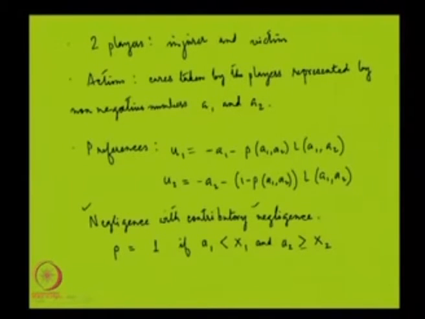Here x1 and x2 are the threshold levels of care that are specified by the law, they are given from outside. These are the parameters. And if this condition is not satisfied, which means the following.